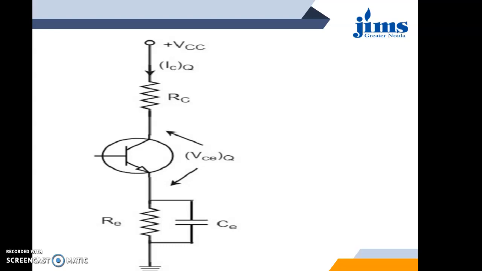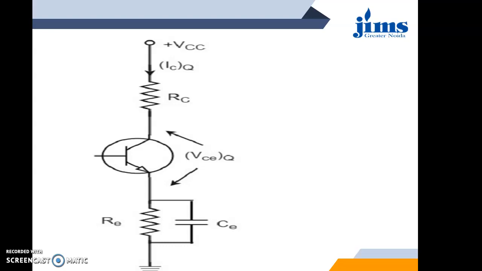It can handle much larger voltage and current ratings, and therefore this is called the power transistor, and the device overall is known as the power amplifier. Now a power amplifier is called a Class A power amplifier when its Q point or operating point is located exactly at the middle of the load line. So this is the basic condition or criteria of a Class A power amplifier.